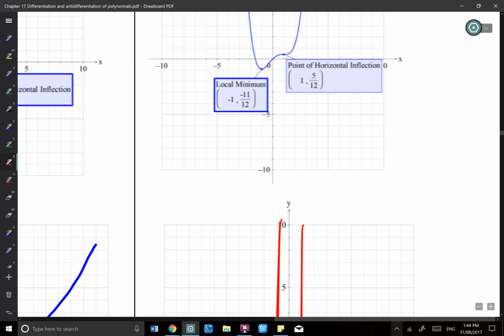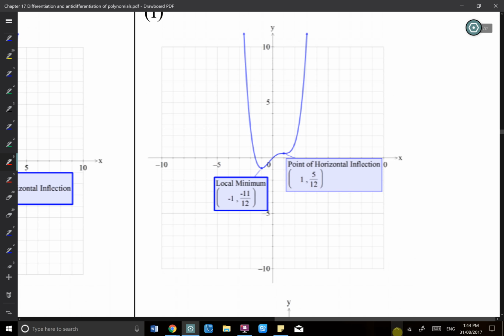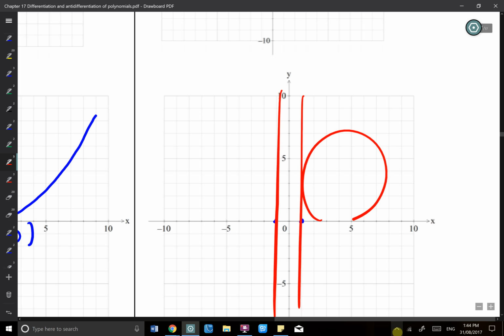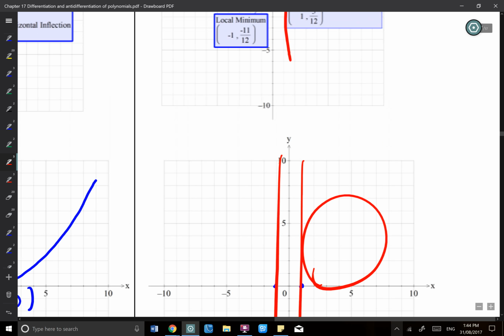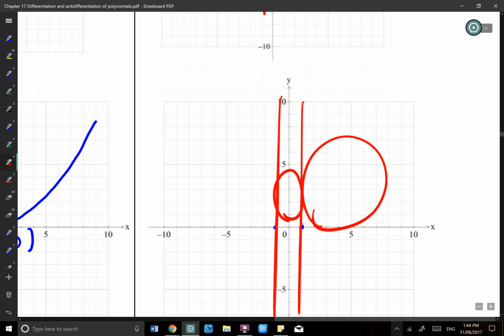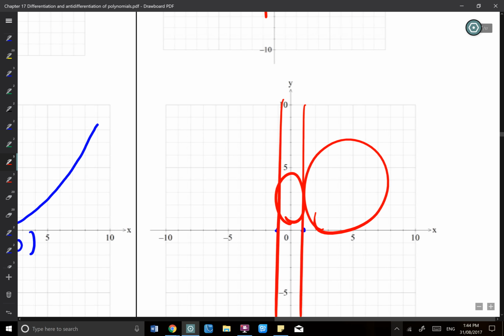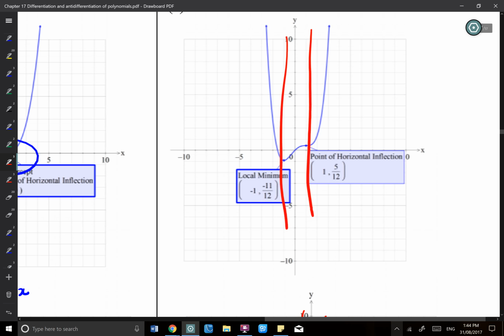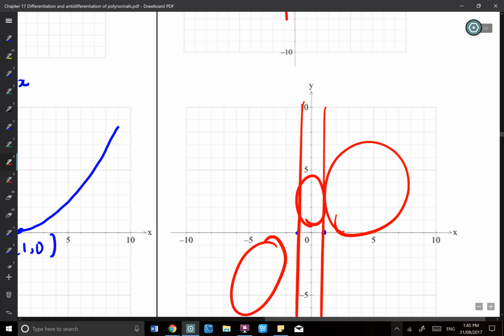On the right hand side of 1, on your original one is this part. That's an increasing graph, so you will have graph on top here. In between -1 to 1, that's an increasing graph as well, so you have graph here as well. And the last part is to the left of -1, that is decreasing, so you will have graph here then.